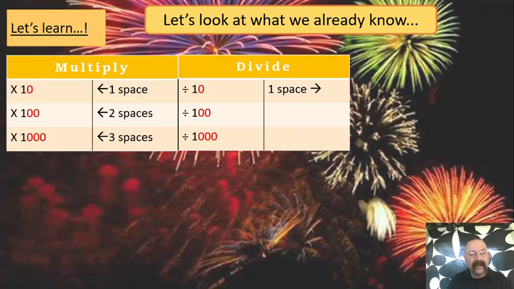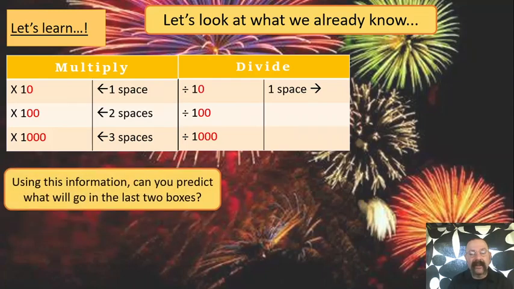If we divide by 10, we move one space to the right. Okay, so using this information, can you predict what would go in the last 2 boxes? What do you think? Just check to see if your prediction was right. So, if we divide by 100, it's 2 spaces to the right.